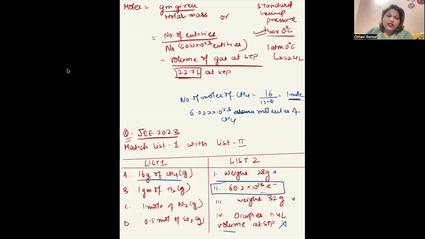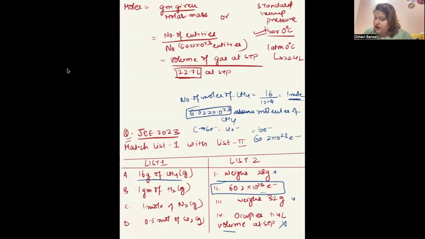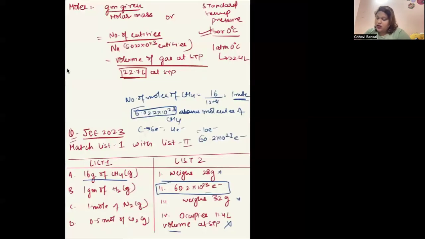Now, how many electrons are present in one molecule of CH4? Carbon has 6 electrons. Hydrogen has 4 electrons, right? So total 10 electrons. So if one molecule has 10 electrons, then 6.022 into 10 raised to 23 will have 60.2 into 10 raised to 23 electrons. Okay. So for A, let me write down here. For A, it's 2. Fine.